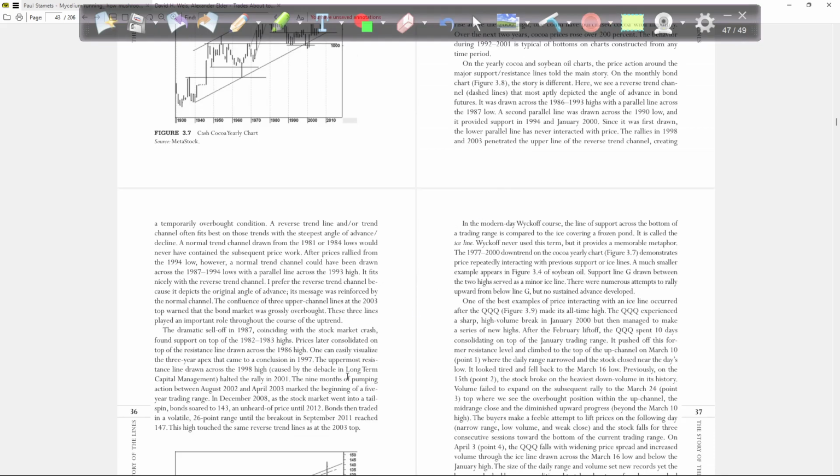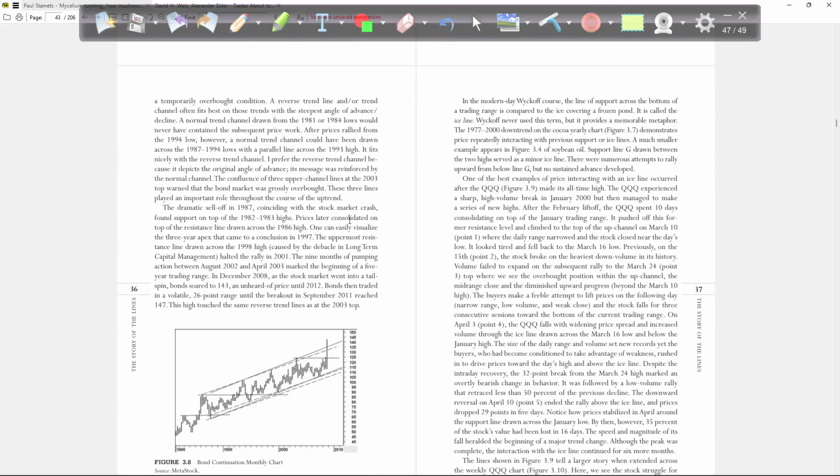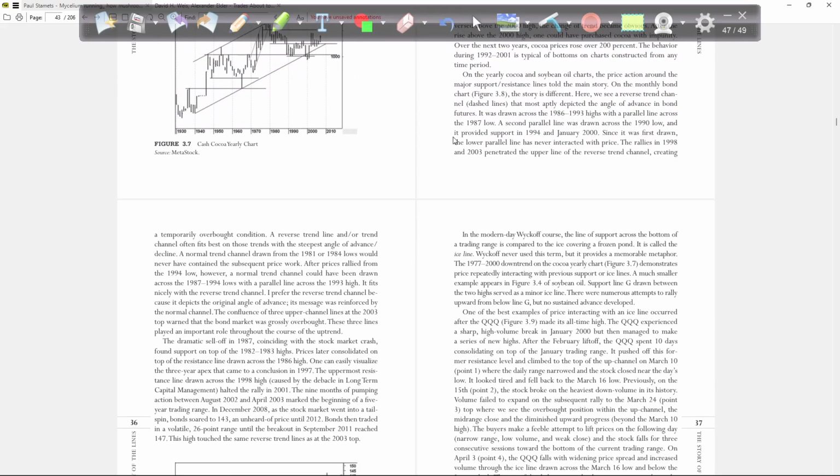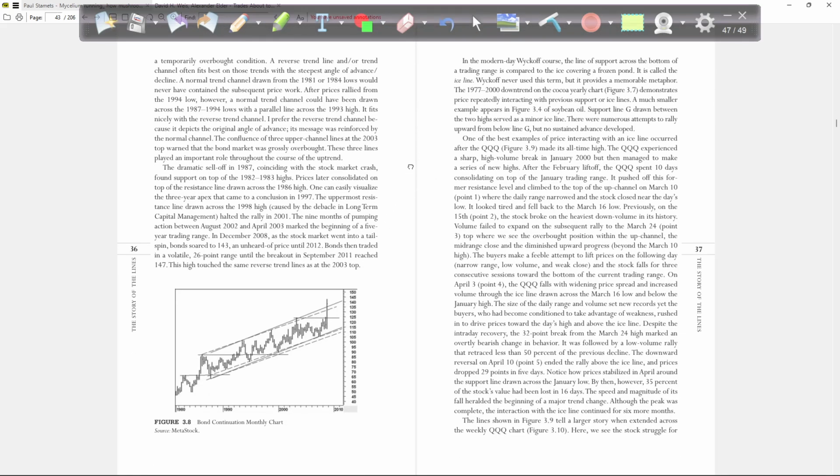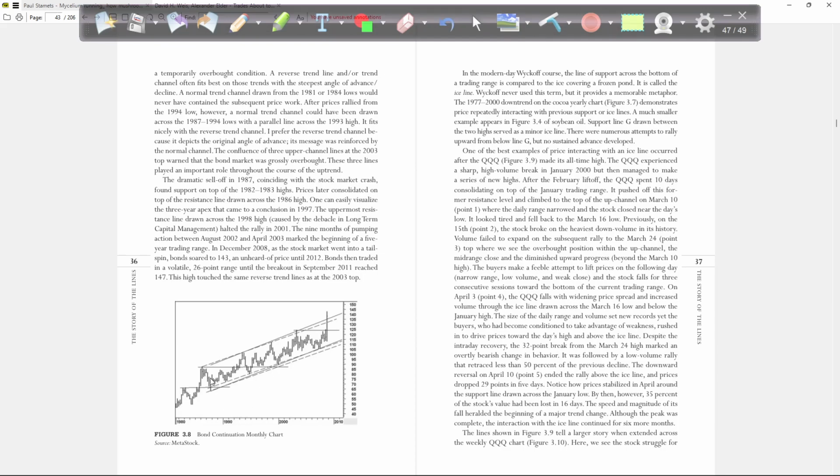The dashed lines most amply depicted the angle of advance in bond futures. It was drawn across the 1986 and 1993 highs.